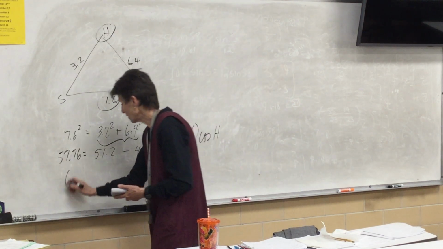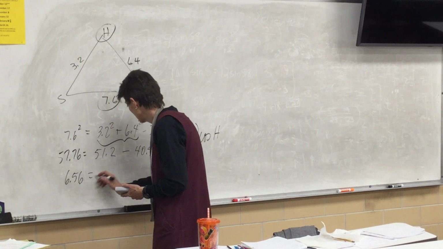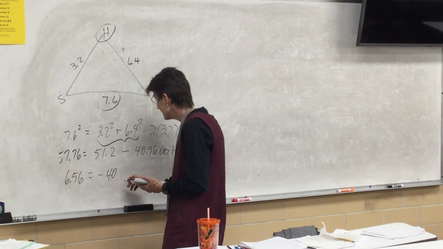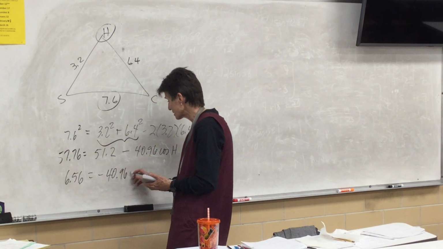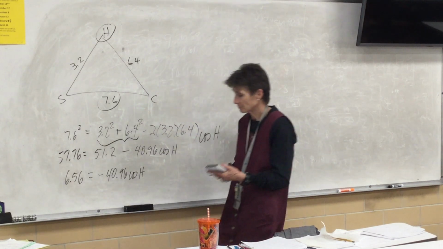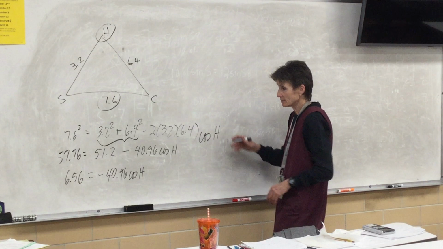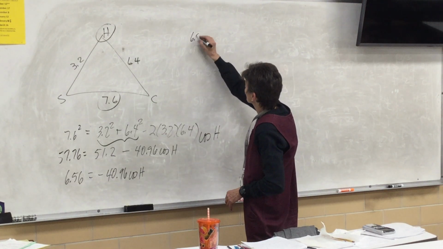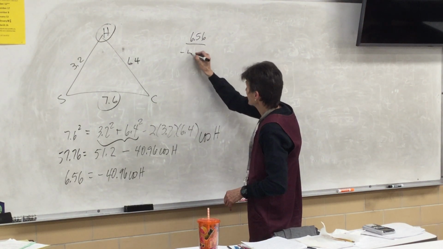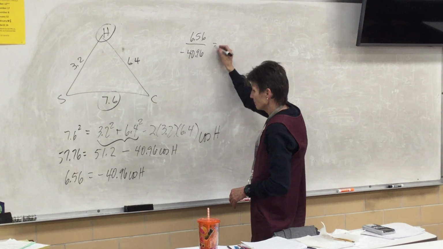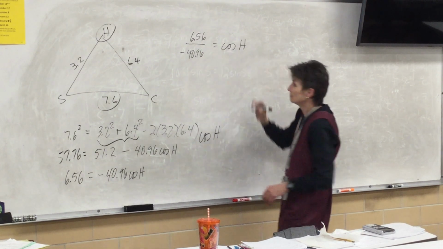And we have 6.56 equal to negative 40.96 cosine H. Now I'll divide, so 6.56 over negative 40.96 equals cosine H.